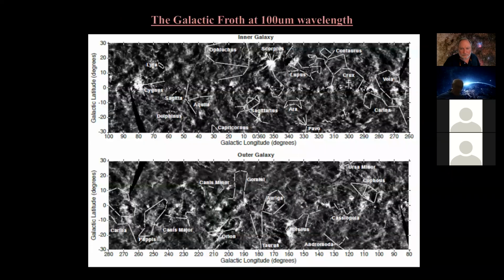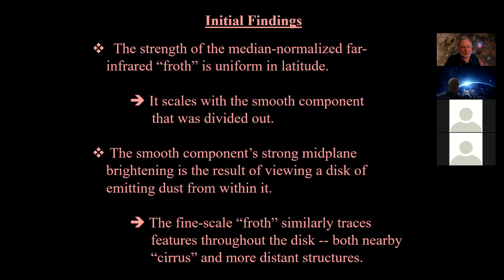So the complete tableau is kind of overwhelming in terms of, what are we really seeing? So we're going to just have to surf this stuff and get down into the statistics. But already we can see that the strength of the froth is uniform in latitude. It's a continuous carpet from the midplane all the way up to higher latitudes.